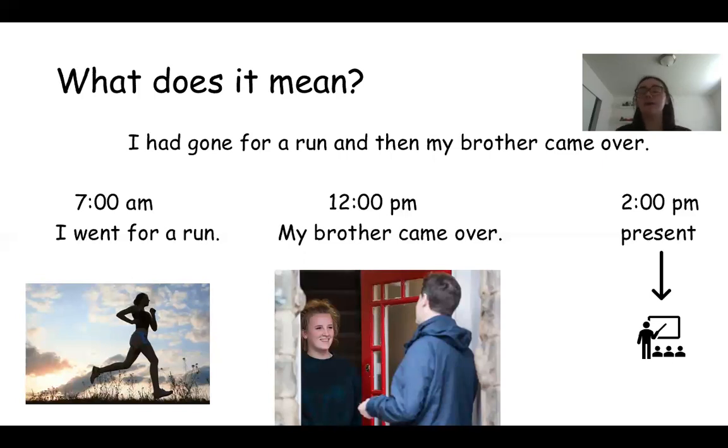So now we're going to talk about what does it mean? Why do we use this in English? And kind of like present perfect tense, we're talking about something in the past that is important to what's happening right now, right? When we are using it in the past tense, the past perfect tense, it means that we're trying to talk about something in the past that happened, and another thing in the past that happened.